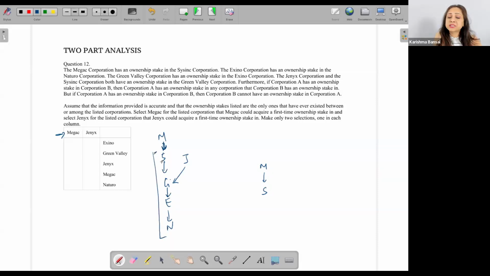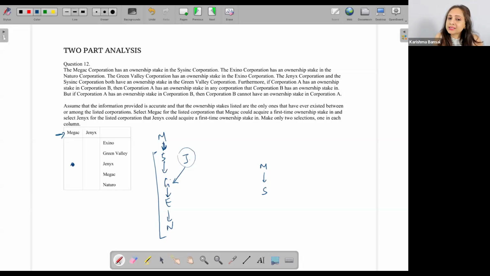Because it has ownership stake in Sysync, and Sysync has ownership stake in G, which has ownership stake. So by that rule, Megac Corporation has ownership stake in all these corporations. The only one which is left is Genix, right? So Megac can get a stake in Genix, but now I need to do the same thing for Genix: in which corporation can Genix buy a first-time ownership stake.